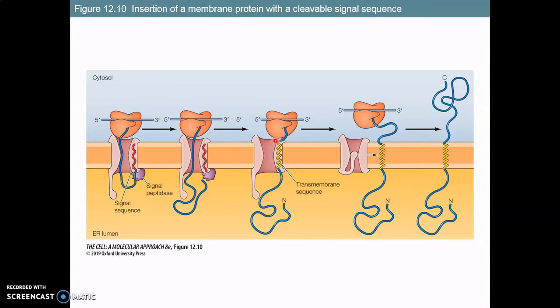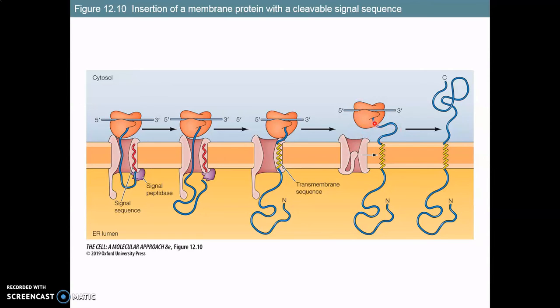It comes to the second stretch of hydrophobic residues. Those hydrophobic residues essentially bind into that same hydrophobic cleft that is in the translocon. And this time, since there is no cleavage site here, the peptidase doesn't do anything, and it's just simply released through the side door. At this point, the rest of the protein will continue to be produced.